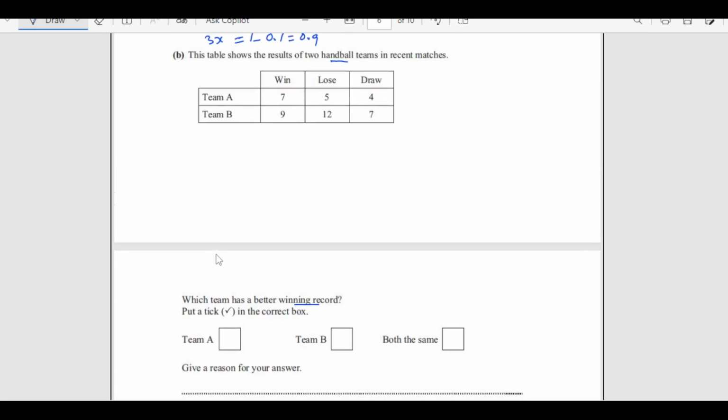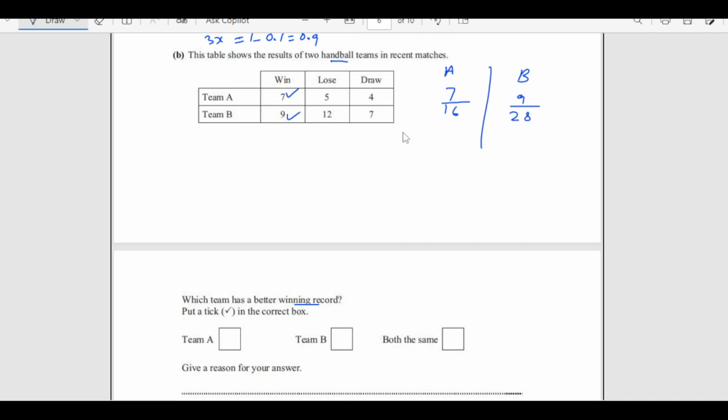So team A winning is 7 out of the total. The relative frequency we will take here, 7 plus 5 is 12 plus 4 is 16, right? This is team A. Then team B is 9 out of 12 plus 9 is 21 plus 7, 28, right?